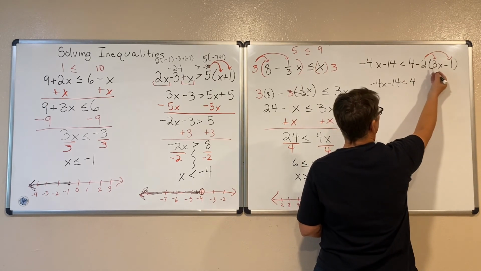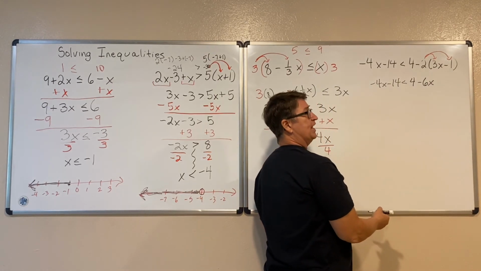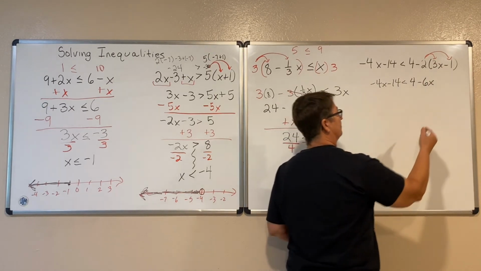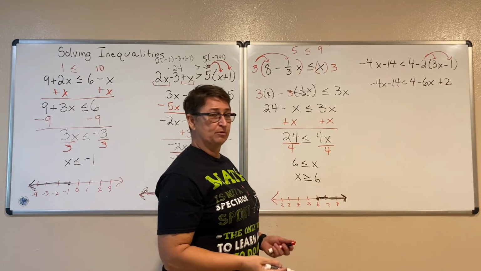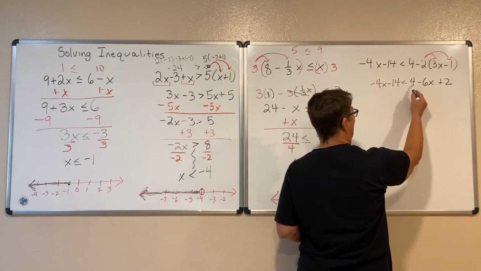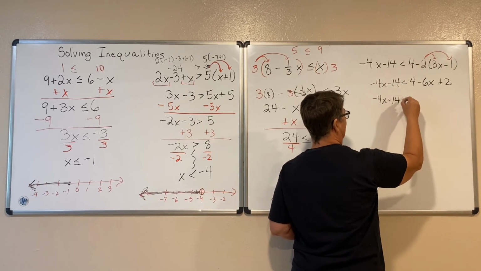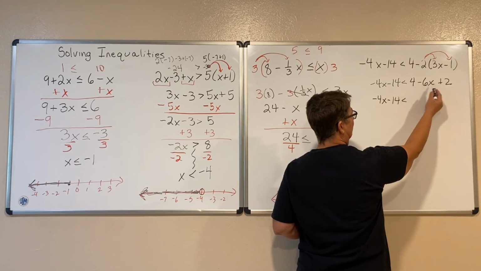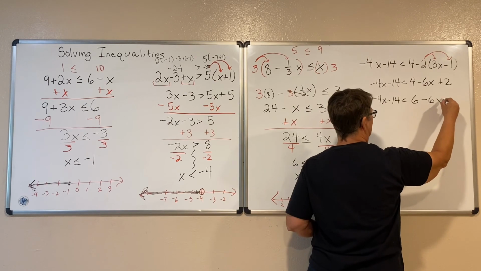A negative 2 times 3x makes that negative 6x. A negative 2 times a negative 1 makes that a positive 2. I can continue to simplify there on the right by adding my like terms. So my left stays the same, but on the right I have 4 plus 2, which is 6, minus 6x.